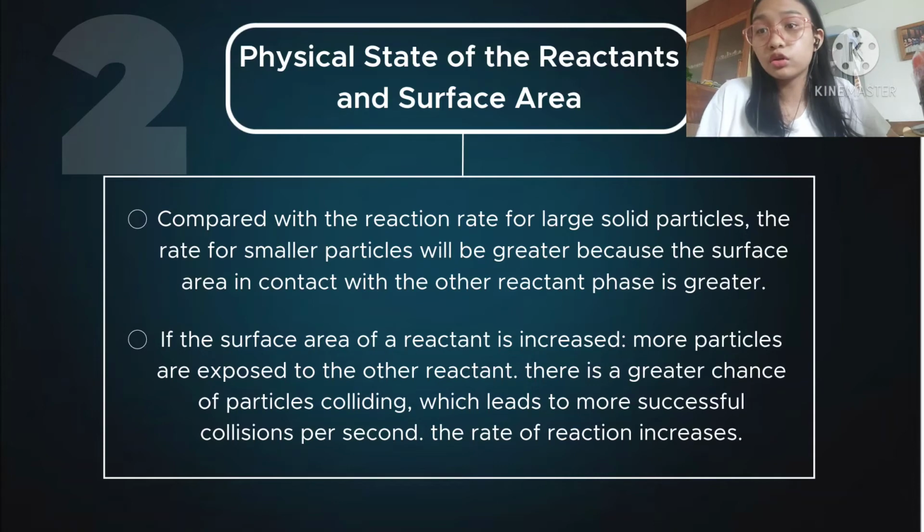Basically, to conclude about the influence of surface area on the rate of reaction, increasing the surface area of a reactant increases the frequency of collisions and increases the reaction rate. Several smaller particles have more surface area than one large particle. The more surface area that is available for particles to collide, the faster the reaction will occur.